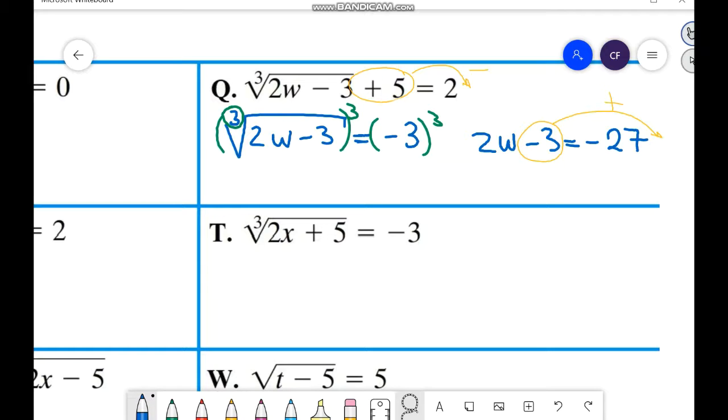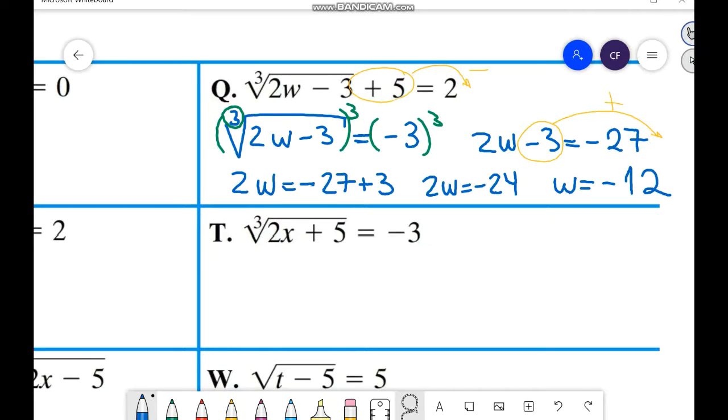Then you have 2w equals negative 27 plus 3. 2w equals negative 24. w equals negative 12. Negative 24 divided by 2, negative 12. That's the answer.